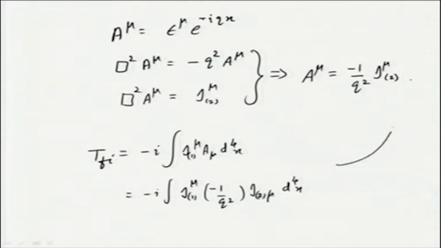That is, there is a J1 mu interacting with another current J2 mu.